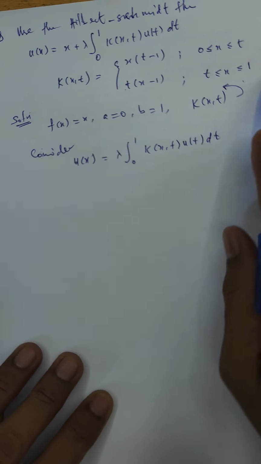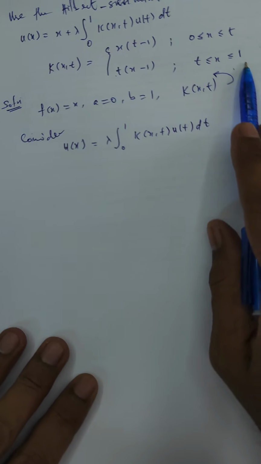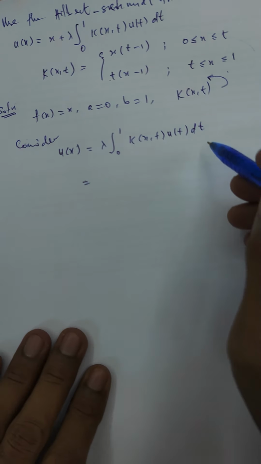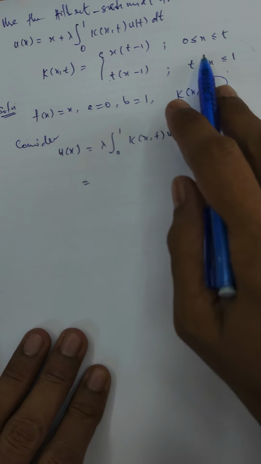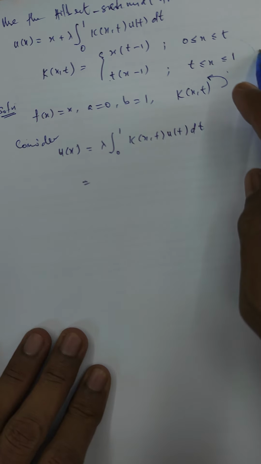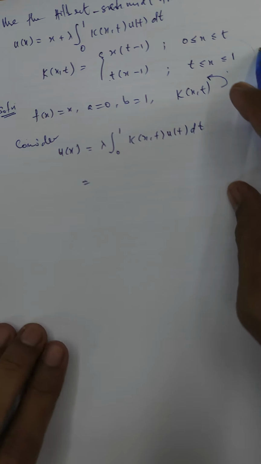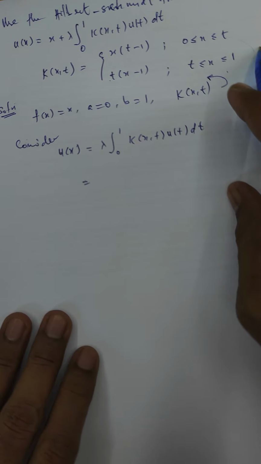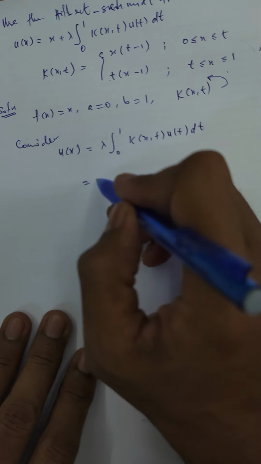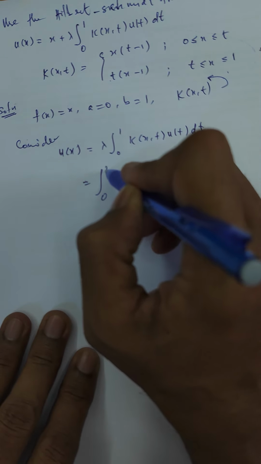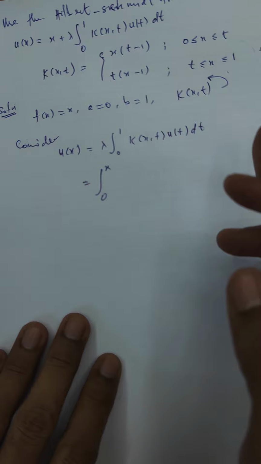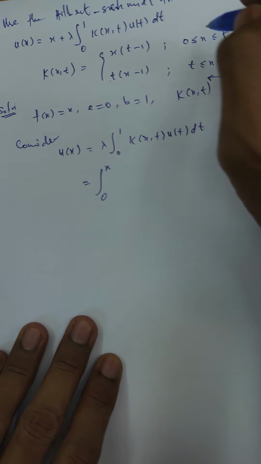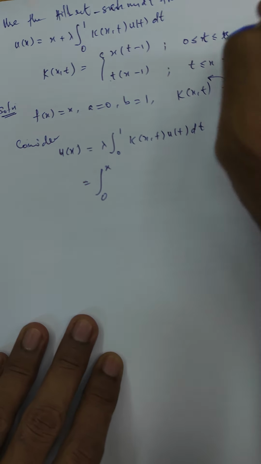And if you use the given kernel here, we can write u as the integral from 0 to x, t from 0 to x. This is t dt, so I think this should be t here, and this is x.